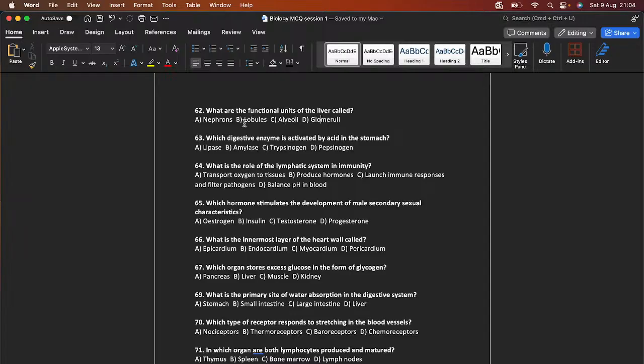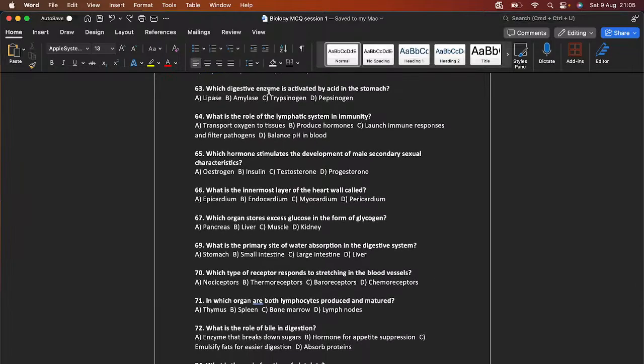The nephron is the functional unit of the kidney, lobules for the liver, alveoli of the lungs. Glomeruli, not so much. They're found within the kidney, but nephrons are the ones that are important here.